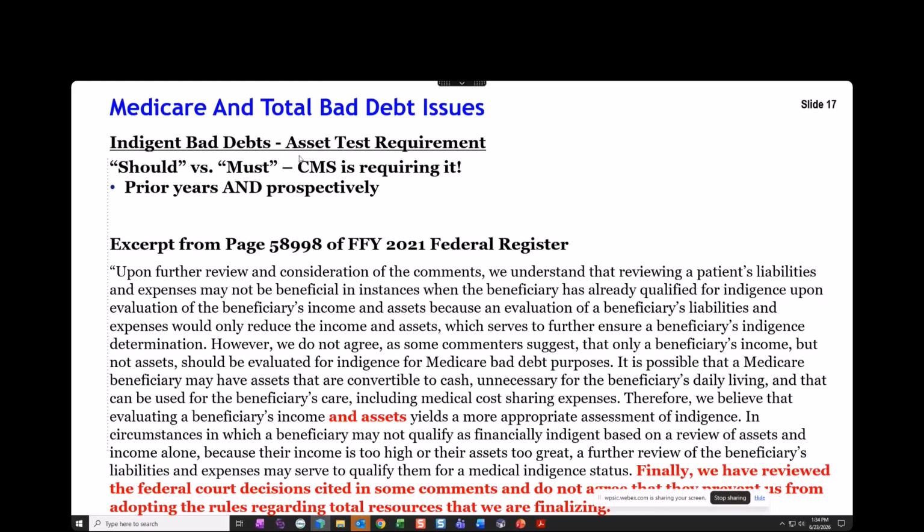The one that is usually the biggest thing is the asset test. The income test is pretty easy to come by, so that's very seldom left out. But the asset test, for multiple reasons, is often left out or has been left out.